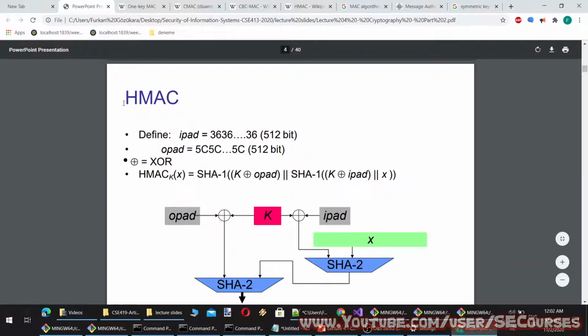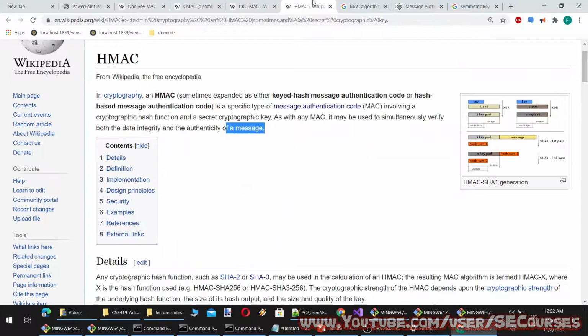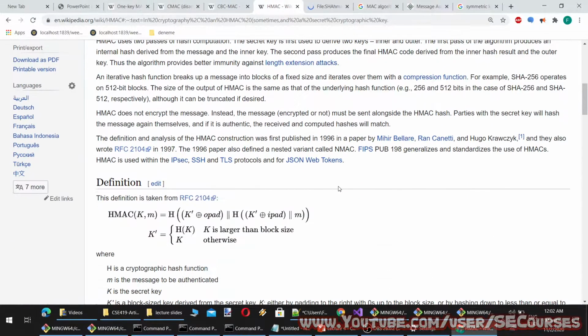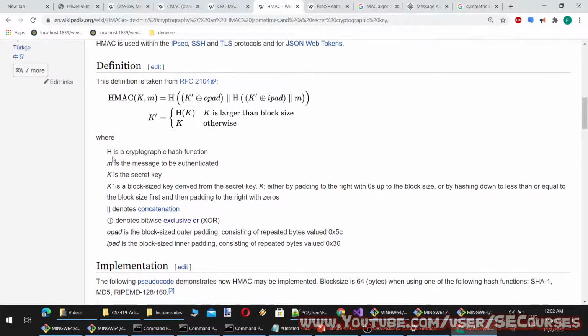So how does HMAC work? I think we can check from some example perhaps here. H is a cryptographic hash function, so any cryptographic hash function can be used. M is the message to be authenticated. K is the secret key.